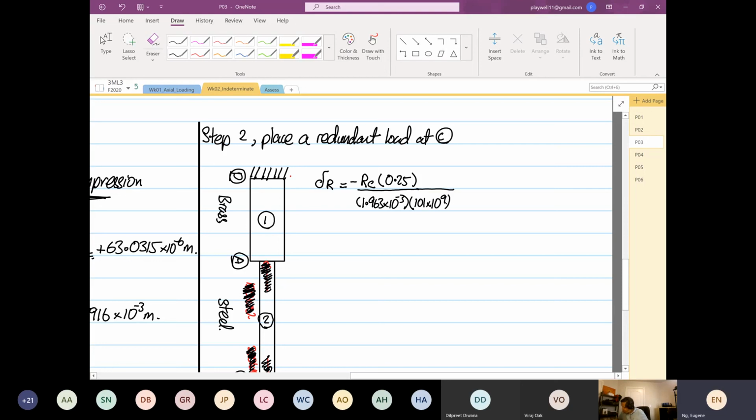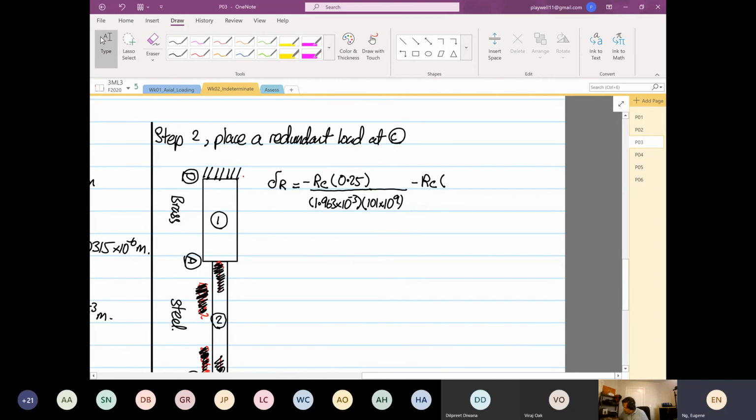Then again, you minus RC again. And this is for section number 2. It's again going to induce compression, with a length of 0.5, then divide by the area, 314.159. And this time the modulus is 200 because it's made of steel.